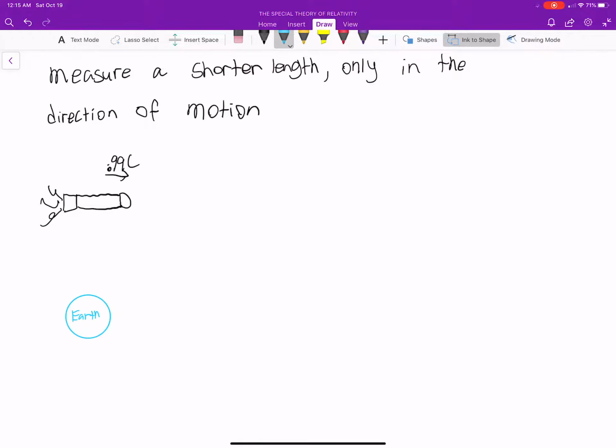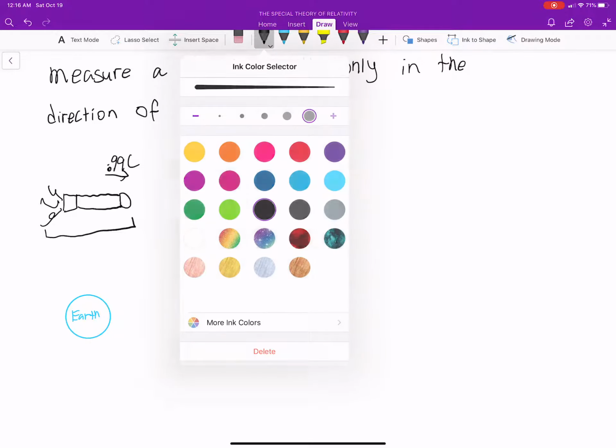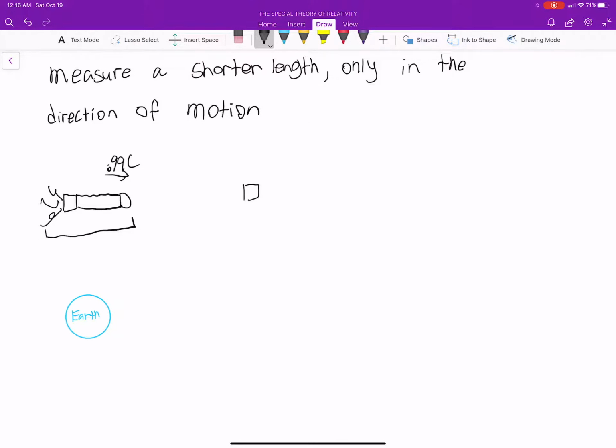Well, Earth is measuring, so from Earth's perspective, we're measuring that to be some length, when in reality it might be much longer. So in reality, maybe it's this long.